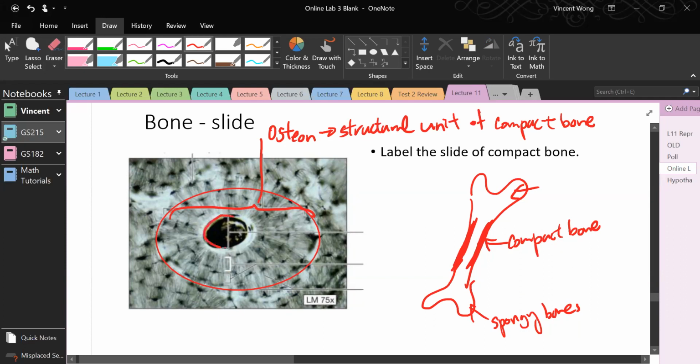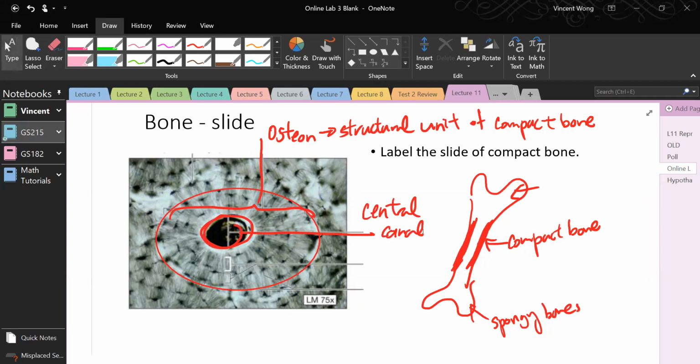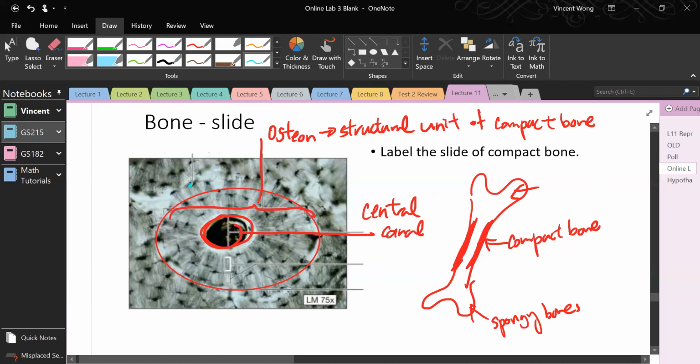In the middle of the osteon, there's going to be an opening. That is the central canal. That's where the blood vessels are going to be coming up from. You're going to see all these little pockets.